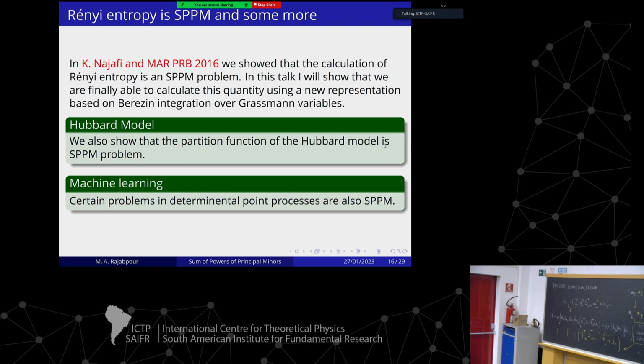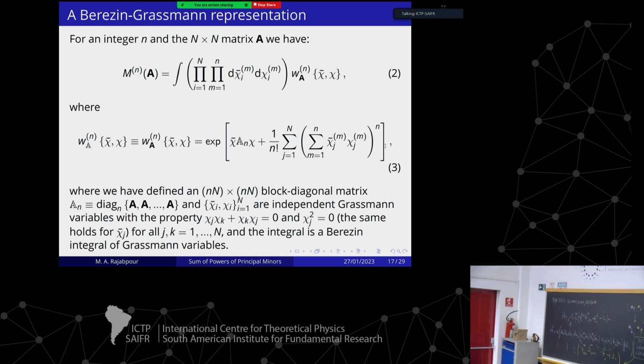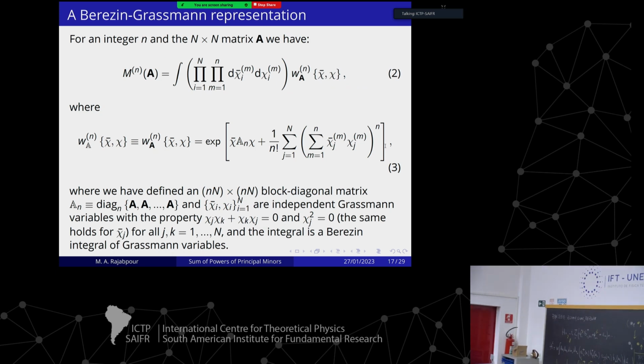Okay, so let's go ahead. This is the main result. One can show that the sum of principal minors of a matrix, power n, can be represented with respect to some Grassmann integrals in this format.